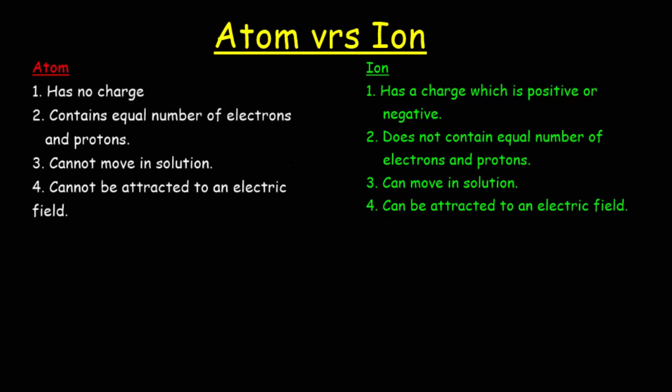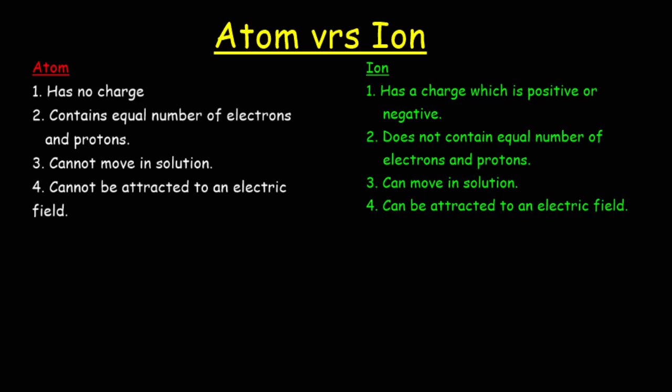The first difference is that an atom has no charge. This is because for an atom, it hasn't lost any electron or gained electron, and so it will have no charge.